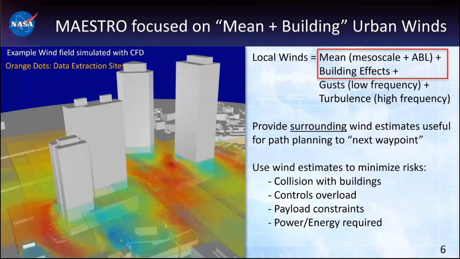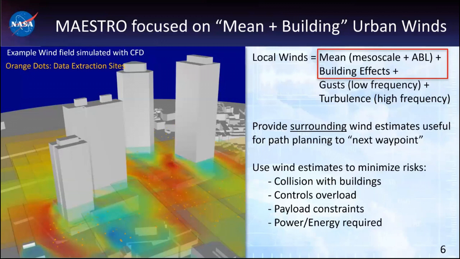We're trying to provide a good average of where the wakes are and where high velocity shear areas may occur, based on what our onboard sensor, in this case a LiDAR, is seeing.